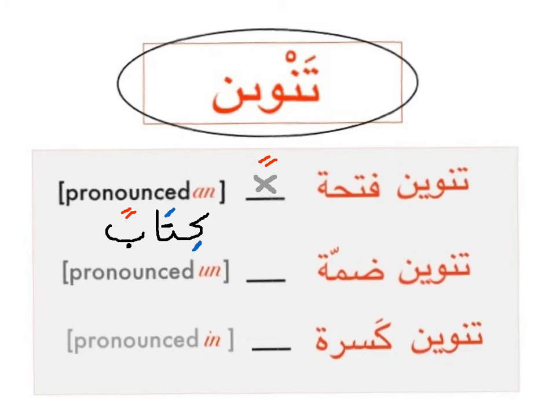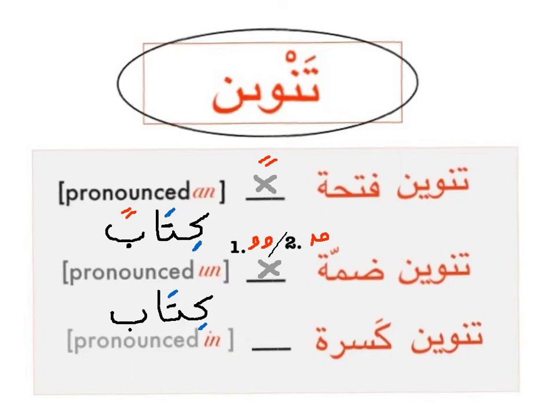Another type of Tanween is Tanween Dhamma, and it is written in two forms. One is writing two Dhamma next to each other, like this. The other type is writing Dhamma with a tail, which I personally use a lot. And it's pronounced un.